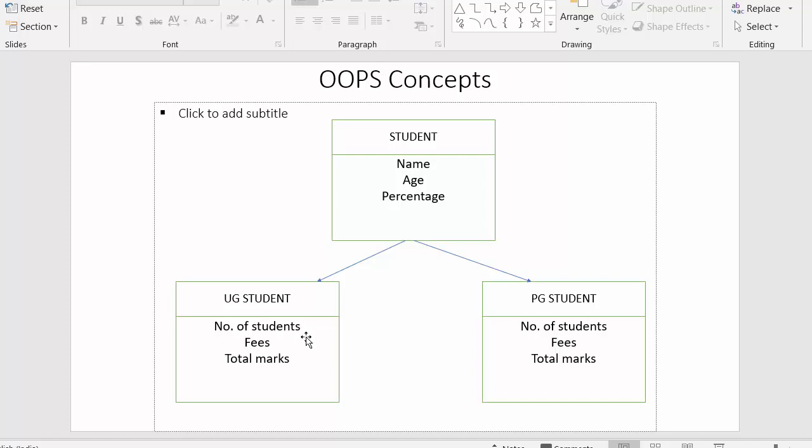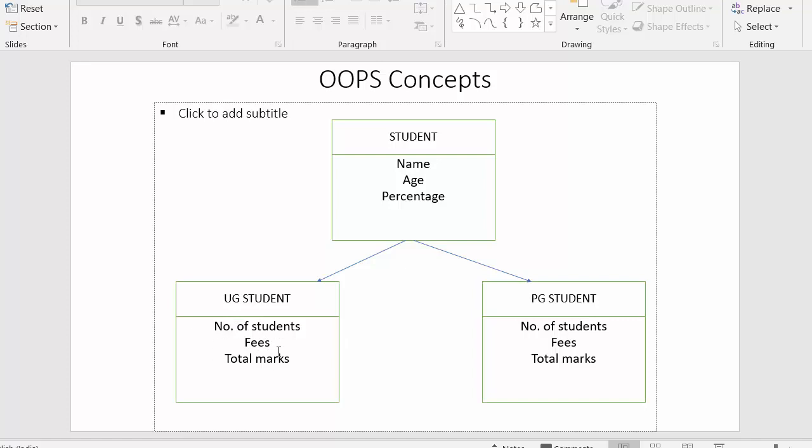The number of students might be different in the UG class than in the PG class. Fees might be different for a UG student than for any other student. And total marks, a UG student might get different marks than a PG student. So this information is not common.